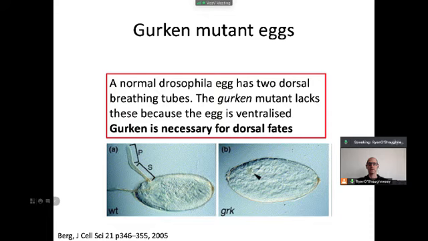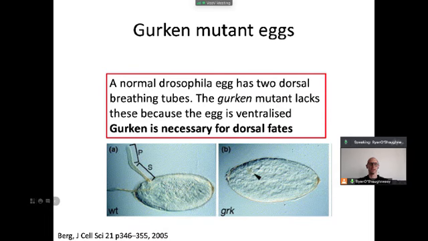A normal Drosophila egg has two dorsal breathing tubes, and you can see these tubes here and here. Our Gurken mutant lacks these because the egg is ventralized. Remember, like the belly piece in Xenopus, this is the equivalent.